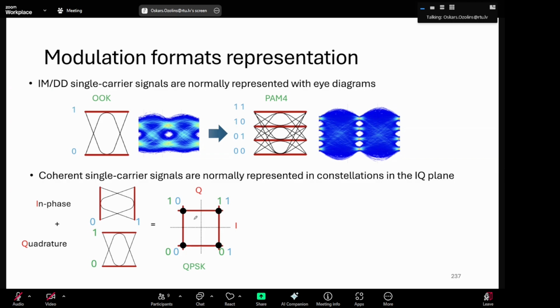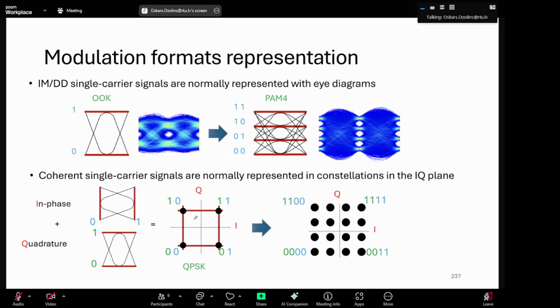So if the signal to noise ratio allows, then you can put even more signals. For example, not 4 points, but you can have 16 points, and then you have 4 bits on one symbol.